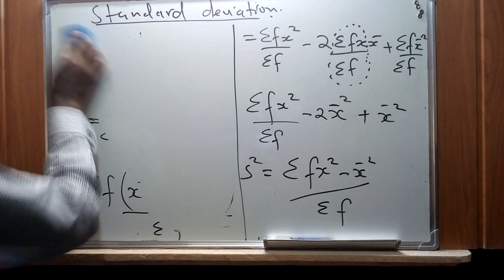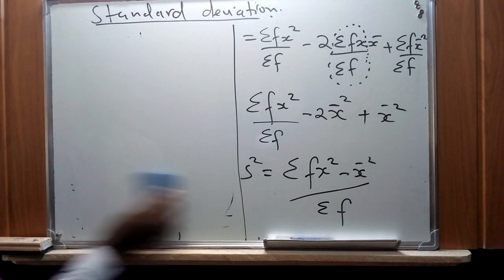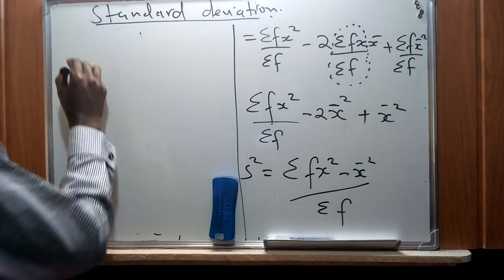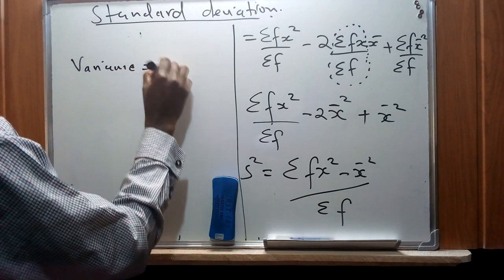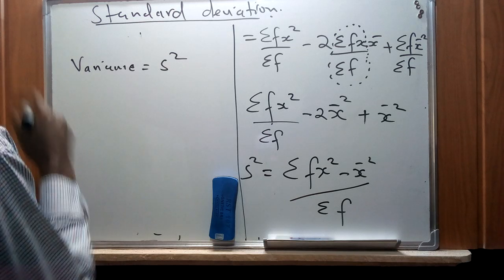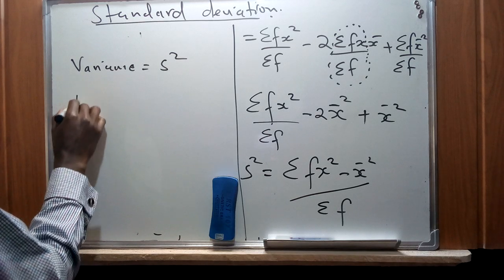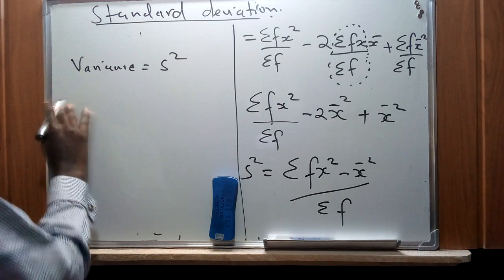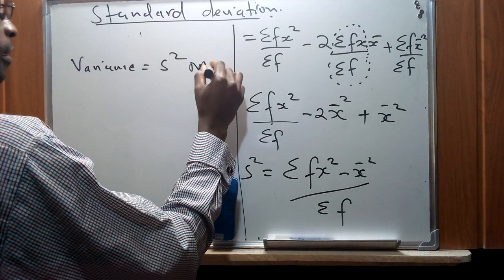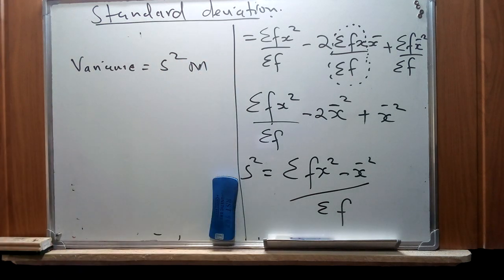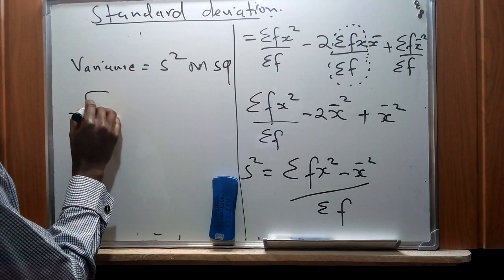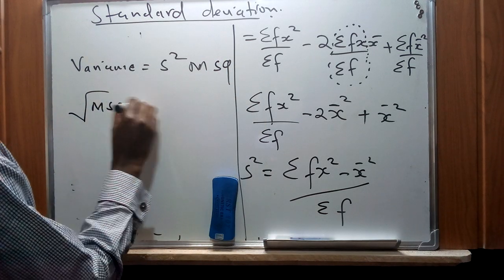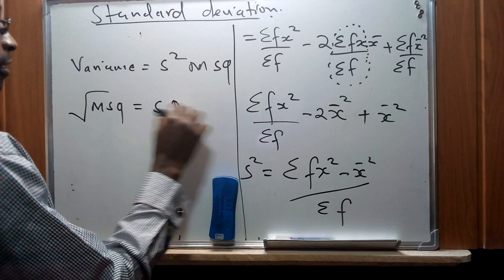So let me try to do that. So the variance, which is given as s squared, is this, where this is the mean. This represents the mean square deviation. Now the root of the mean square deviation gives us what we call the standard deviation.